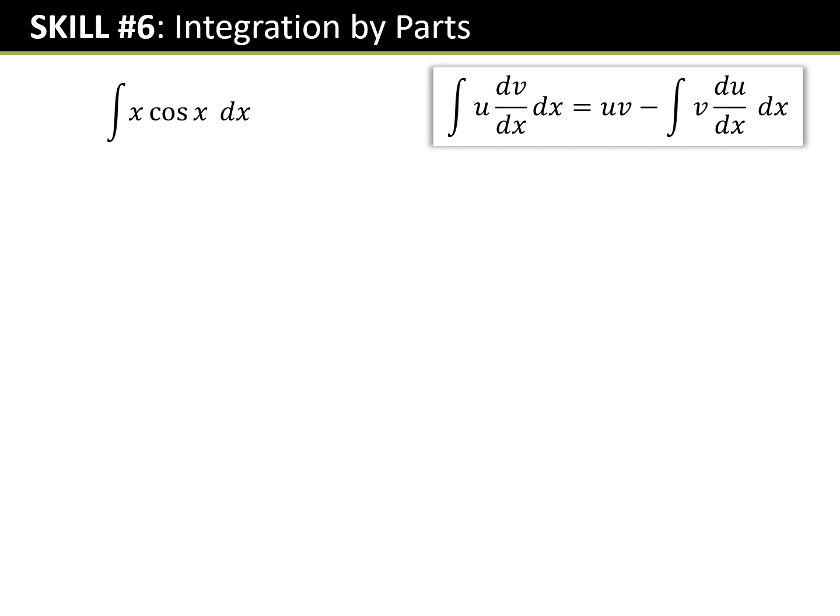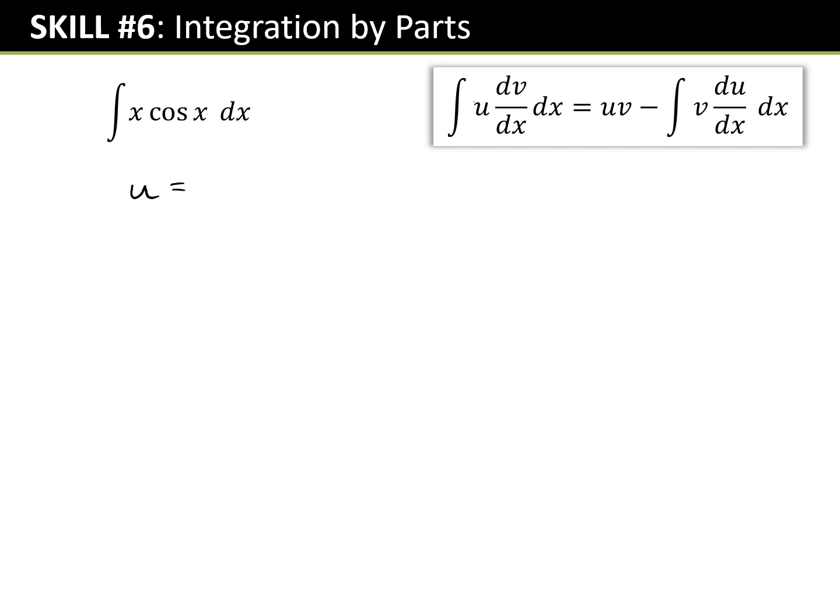Now, with integration by parts, the one that you differentiate, so u, needs to be the one that disappears. If you differentiate x, it becomes 1. 1 is nicer than x, isn't it?